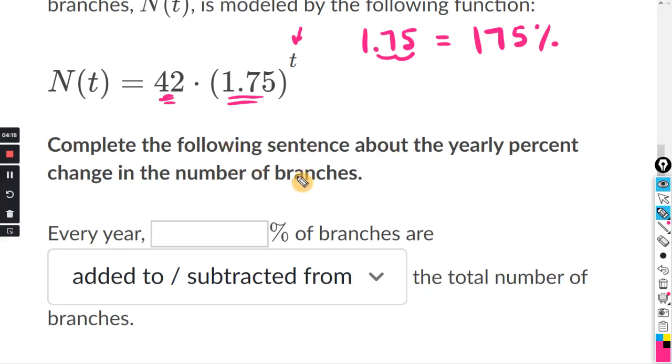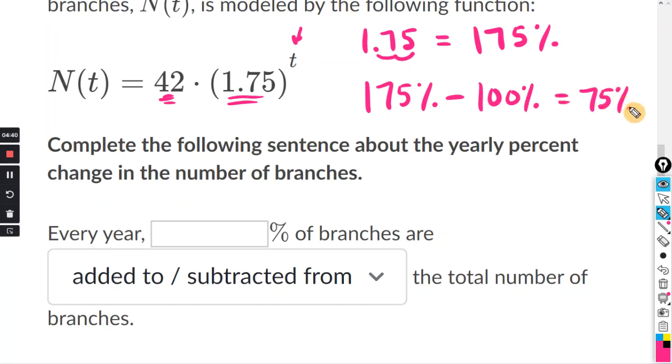Okay, we know that 1.75, if you move the decimal over 2 places, is going to be 175%. So in order to find the percent change, we're going to have to subtract 100%. If you just take 175 and subtract 100%, that is going to be 75%.